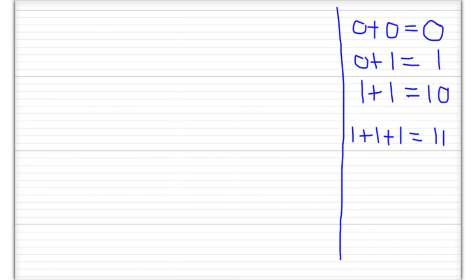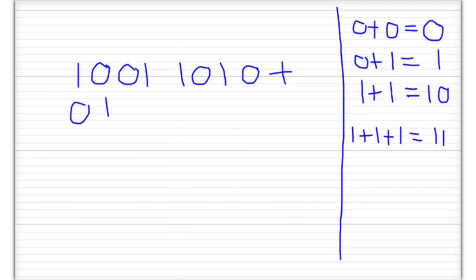I'm going to show you a few problems which we can solve, and we'll start with an easier one. We'll have 1, 0, 0, 1, 1, 0, 1, 0 plus 0, 1, 0, 1, 1, 1, 1, 1.